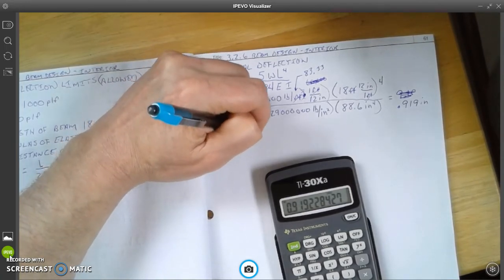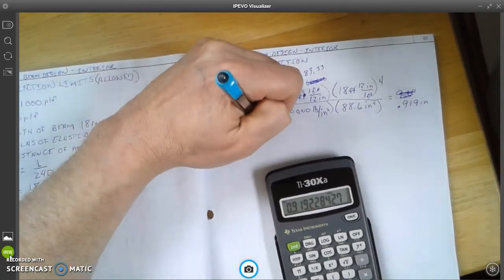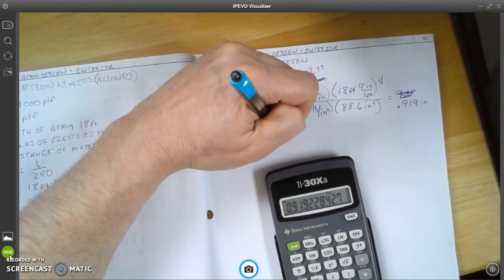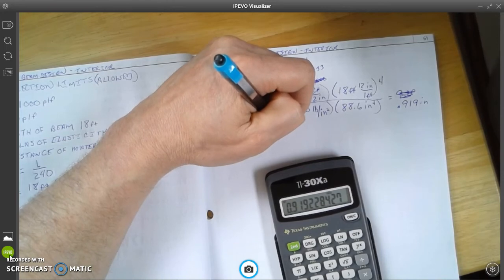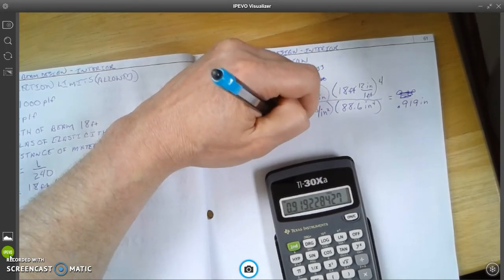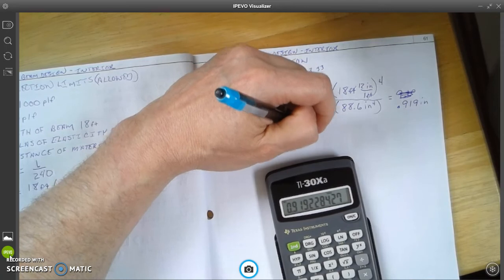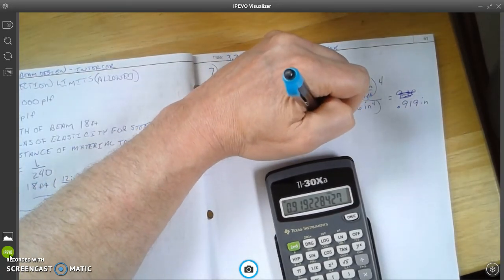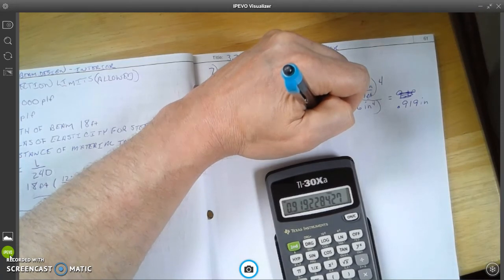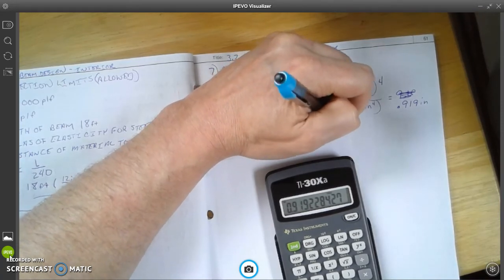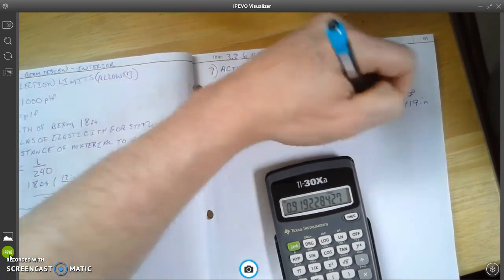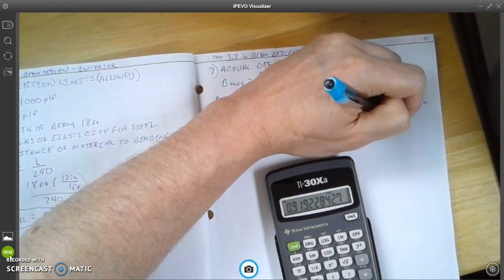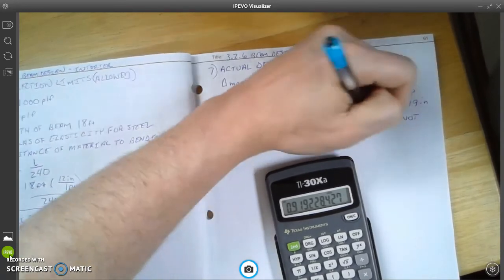So our delta max is greater than the delta allowed, and that means that our W12 by 14 beam is not allowed.